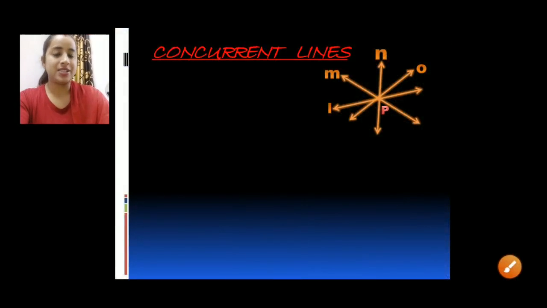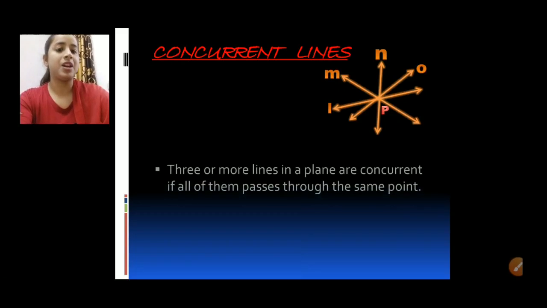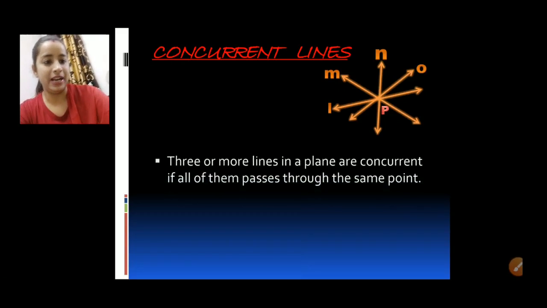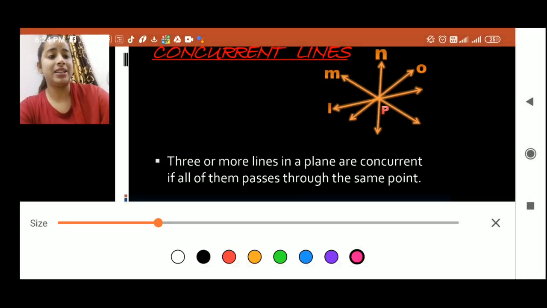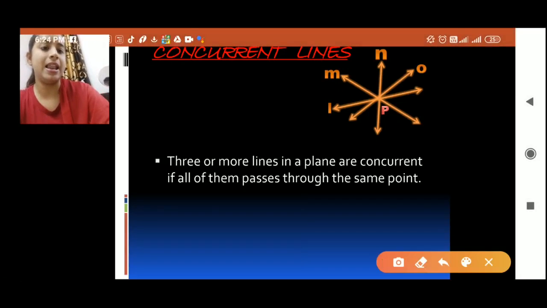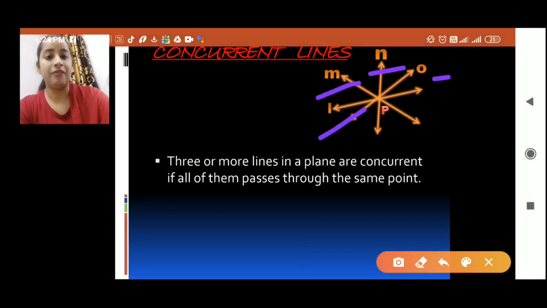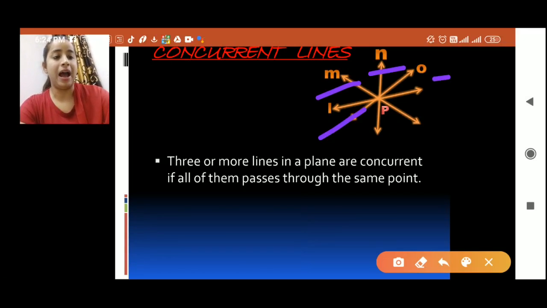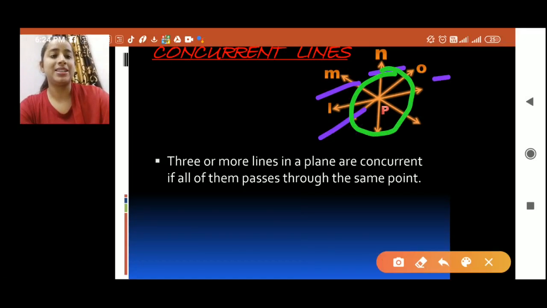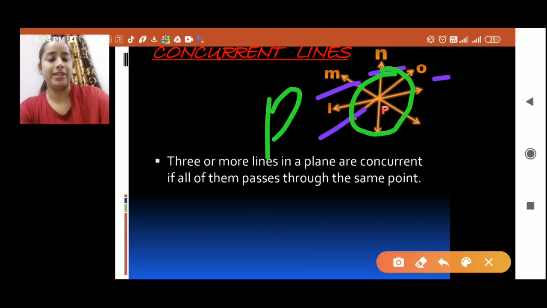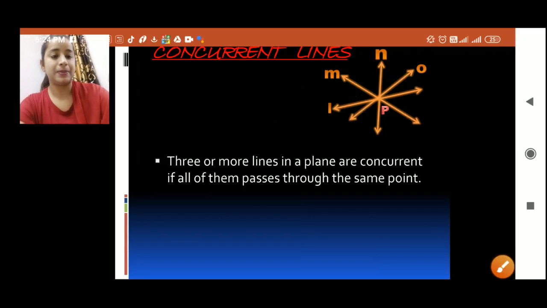And the next type is concurrent lines. Three or more lines in a plane are concurrent if all of them pass through the same point. Here you can see that there are lines L, M, N, O. There are 4 lines which are all crossing each other, and they are all meeting in the same point, which is P. So such lines are called concurrent lines.